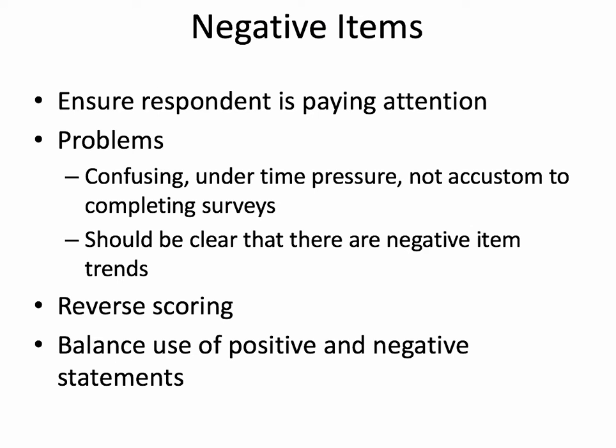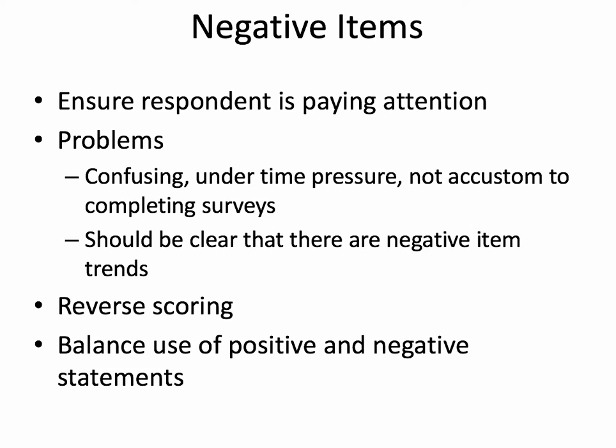Negative items. Sometimes you have negatively worded items, like the self-efficacy example: "I'm super confident," "I feel confident when I do this," or "I'm unsure how to go about doing this." When you go to analyze the data, you reverse code those, and you will sometimes see that as well. Some people say you should put negatively worded items in scales.